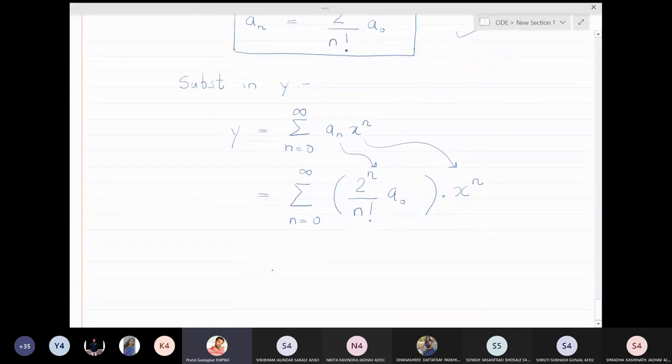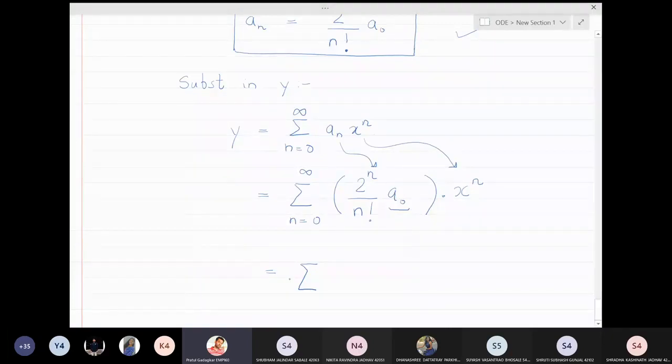This is equal to the summation. Do you see that this a_0 is a constant and it has nothing to do with the summation, because the summation is related to what? The summation is related to n. So whatever quantities involve n will remain inside the summation. All other quantities which do not involve n will come out of the summation smoothly.